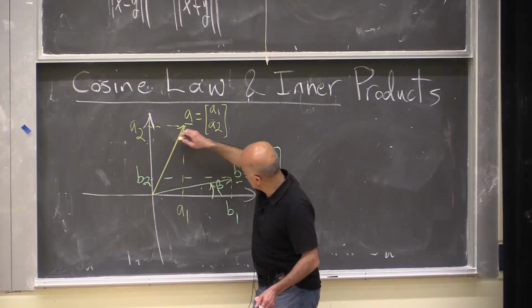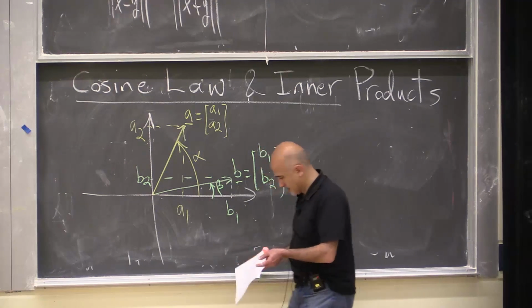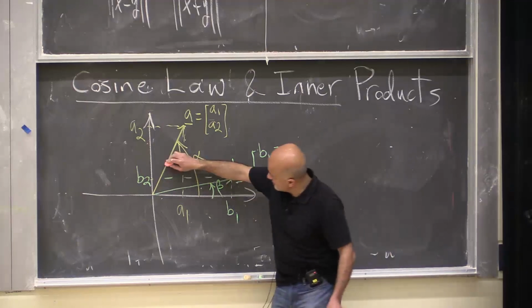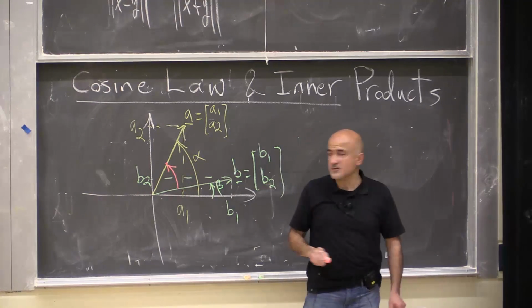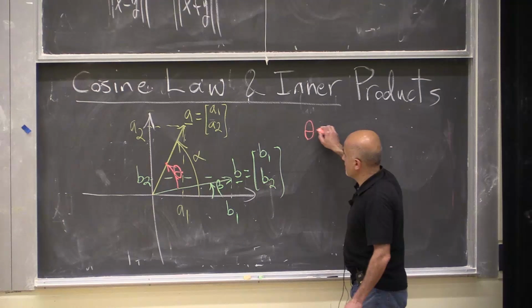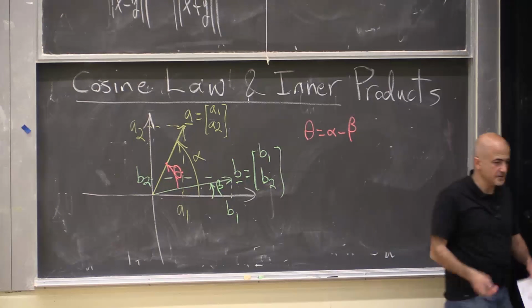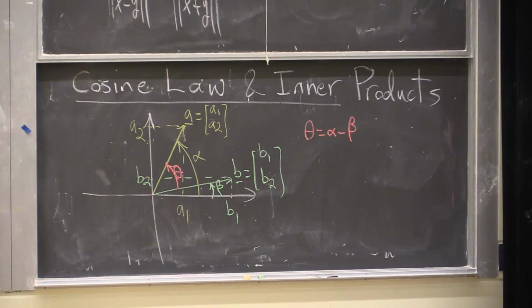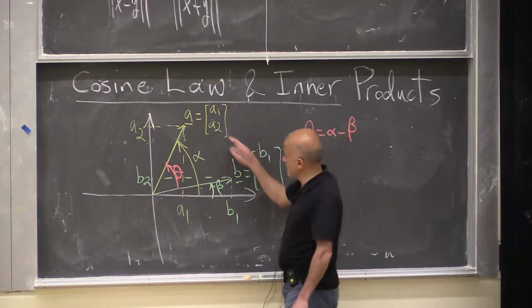And this angle I'm going to call alpha. And I'm going to define a third angle, which is the angle between these 2 vectors. I'm going to call that theta. And theta is alpha minus beta. OK? So that's my picture. Are we all here? I've got 2 vectors, A and B, each with their corresponding components.